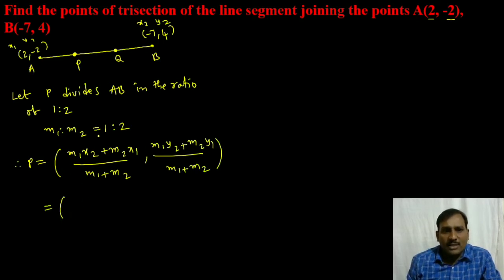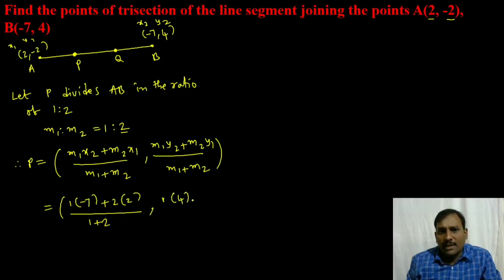So m1 is 1 into x2, x2 is -7, plus m2 is 2, x1 is 2, by m1 plus m2, 1 plus 2, comma, m1 is 1, y2 is 4, plus m2 is 2 and y1 is -2, by m1 plus m2, 1 plus 2.